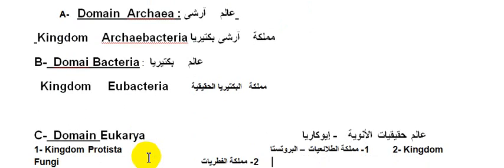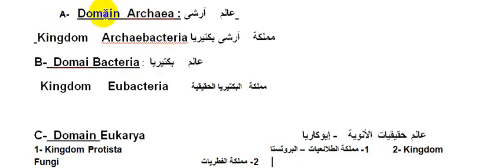For the domain Archaea, we have kingdom Archaebacteria. For domain Bacteria, we have kingdom Eubacteria. And we know these two lack a nuclear envelope. They do not have any cellular organelles except the ribosomes.